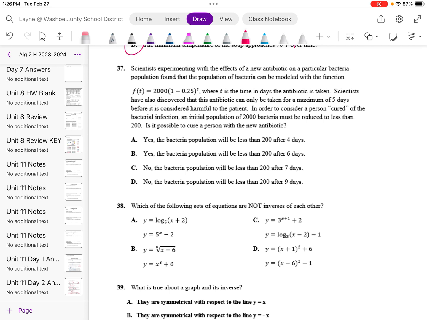So, this is an exponential decay function because this value will end up being less than 1. What we're going to need to do is plug it into the graphing calculator and see if it can go down from 2,000, which is the initial, down to 200 in less than 5 days.